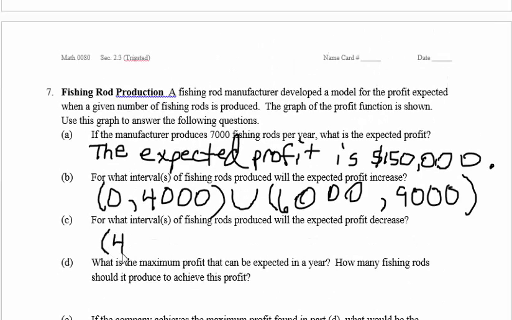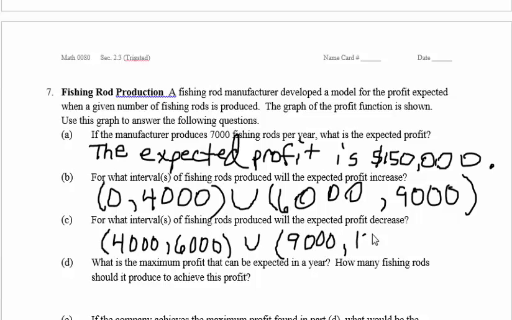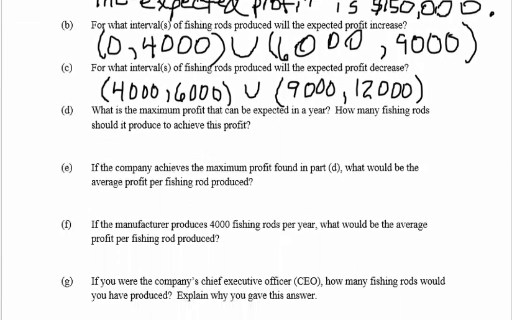So the intervals of decrease, the first interval is from 4,000 to 6,000. And I unite that with the other interval of decrease, which is from 9,000 to 12,000.